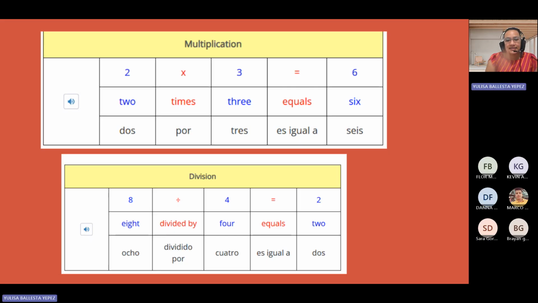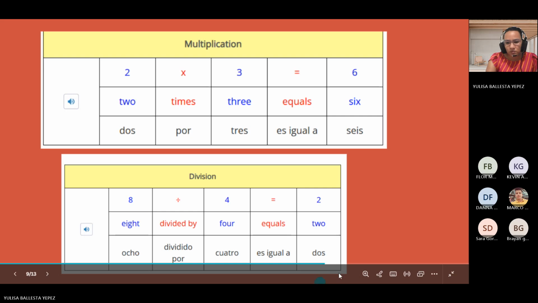Yes, in this case, times significa en inglés veces, 3 veces 2 es 6, okay? Division. Division is to Flor. 8 divided by 4 equals 2.